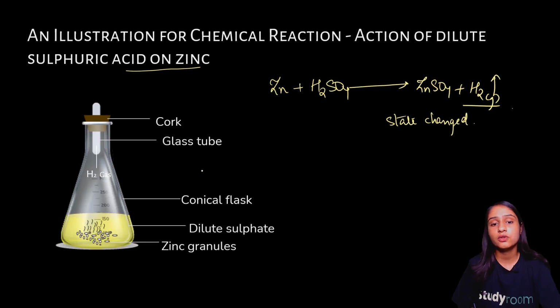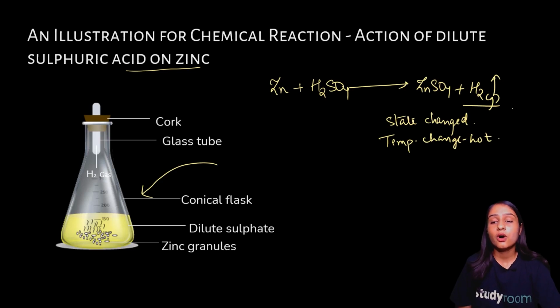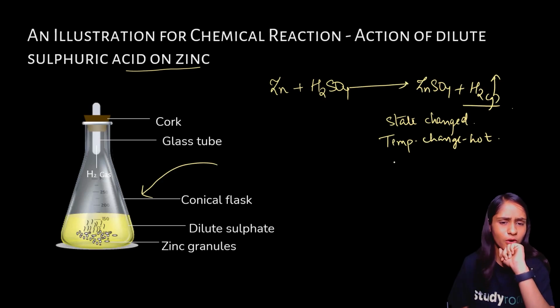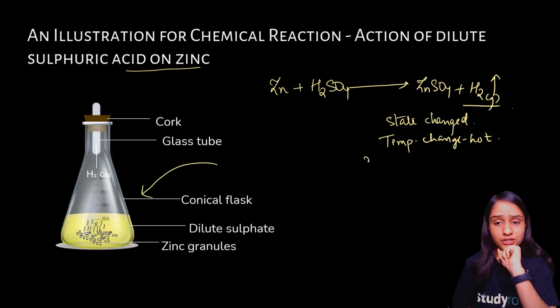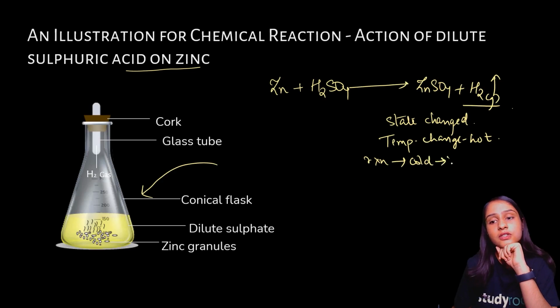Also, when you touch this conical flask, there will be a temperature change. It will be hot, and hot is also known as an exothermic reaction. When a reaction releases energy, it is known as an exothermic reaction. Or when a reaction is cold, it is known as an endothermic reaction.